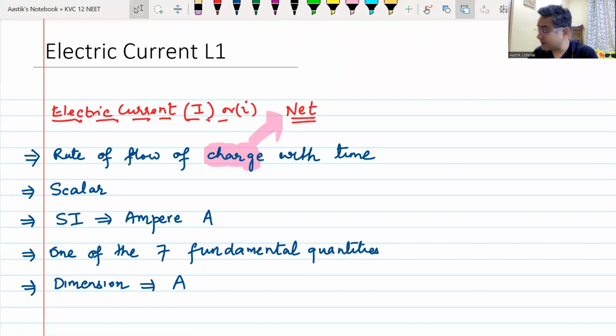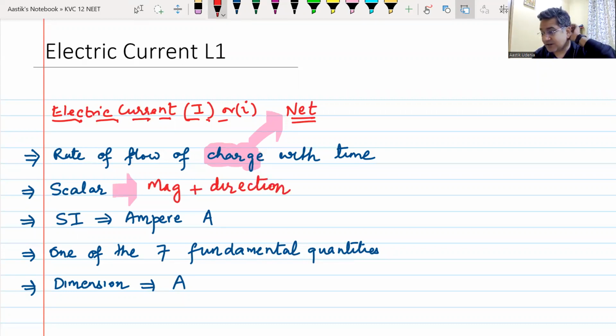Current is a scalar, and remember, it's a scalar quantity, but it has both magnitude as well as direction. So current is somewhat special. It is treated as a scalar, but it has both magnitude and direction. We have seen any quantity which has both magnitude and direction must be a vector, but current is not a vector. It is a scalar, even though it has magnitude and direction.